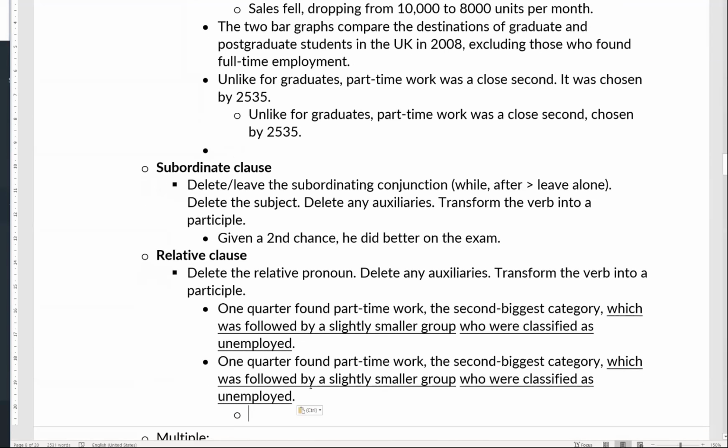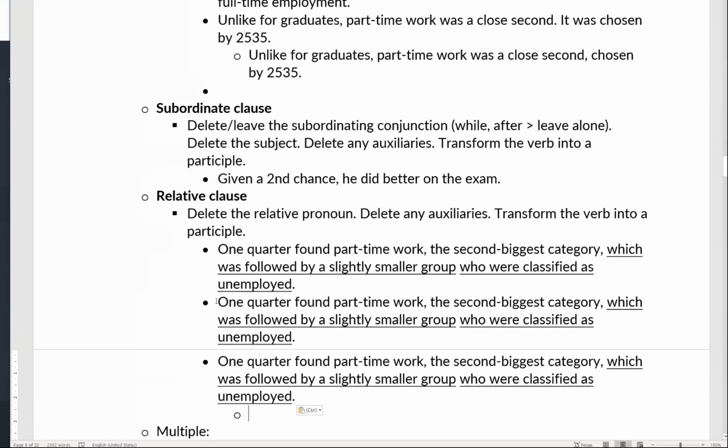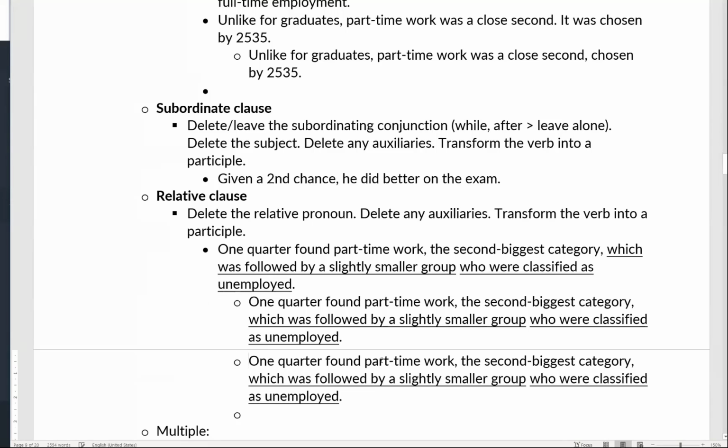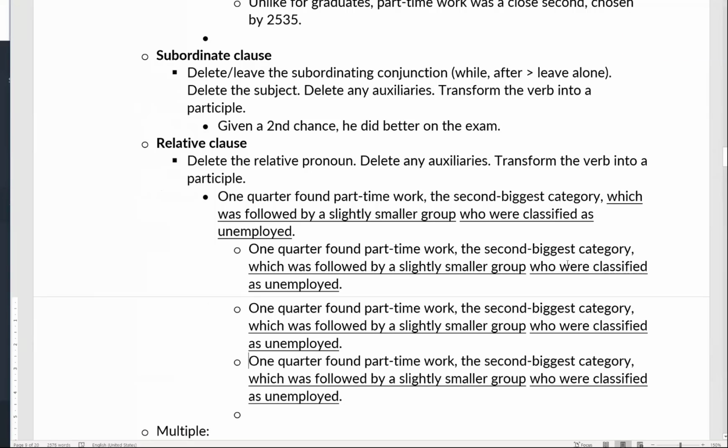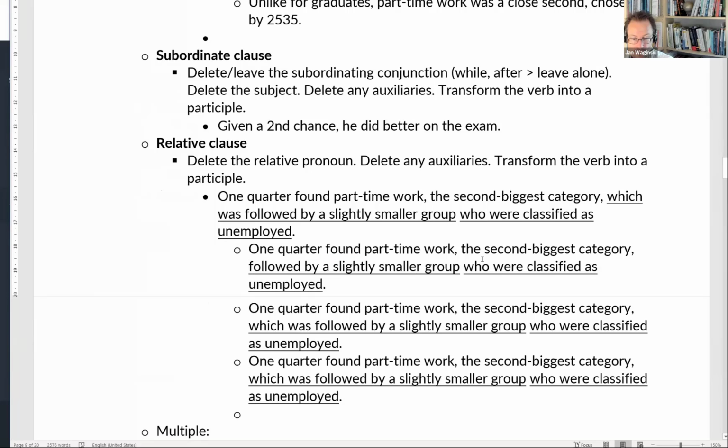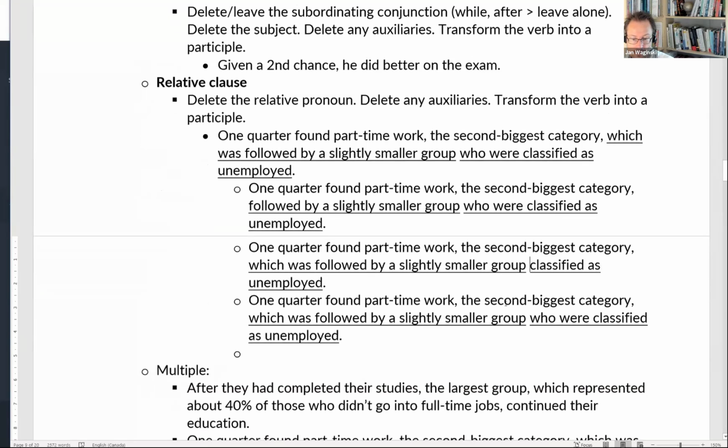Ian, what if we change both? Is it wrong? No. Okay. So the first alternative is we'll take out this one. Second one, take out this one. Third version, take out both.